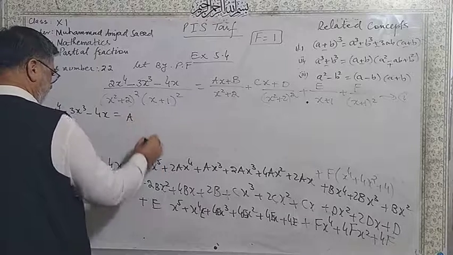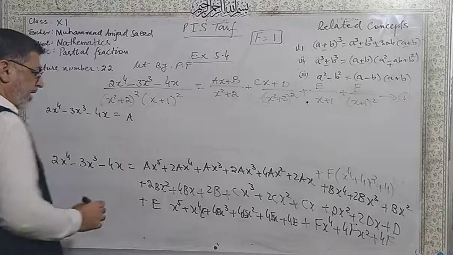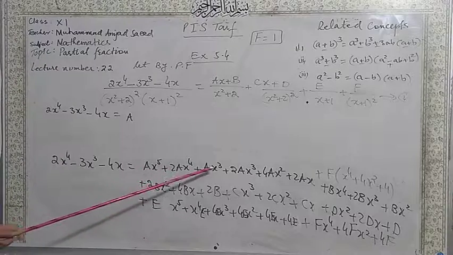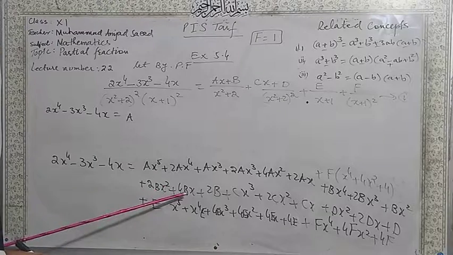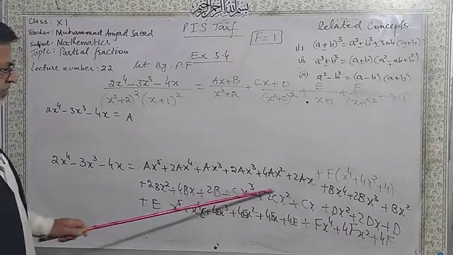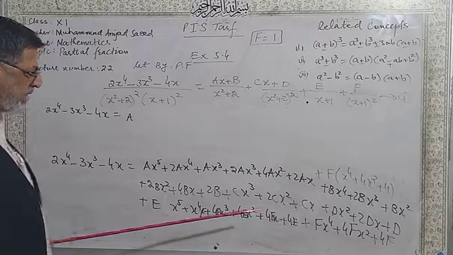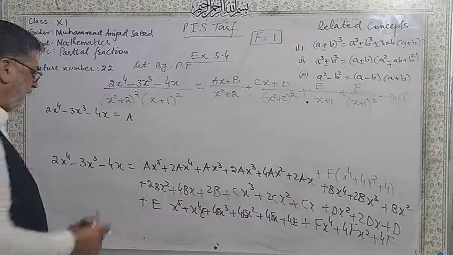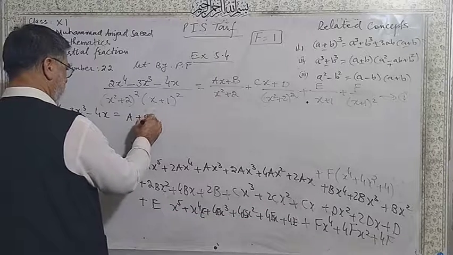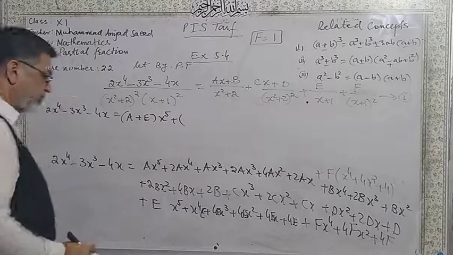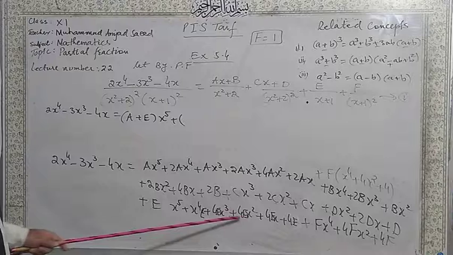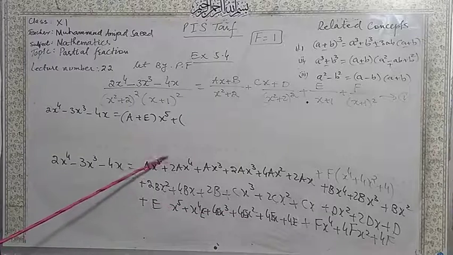Here is a, this is ax5, plus e into x5. There were two terms of x5 here.